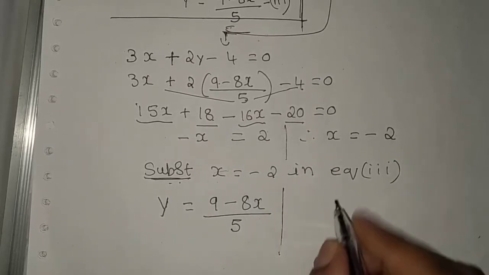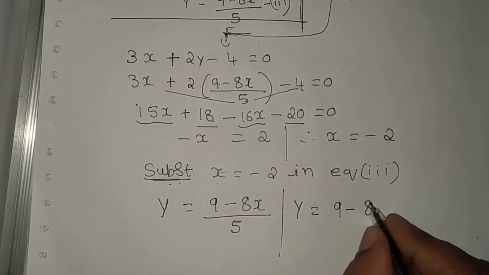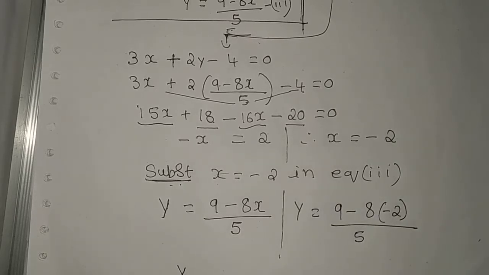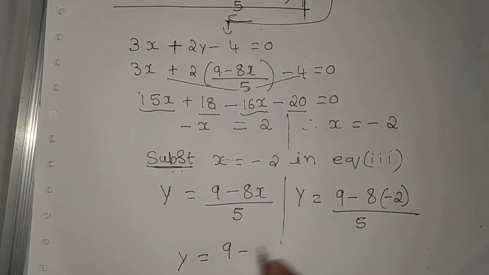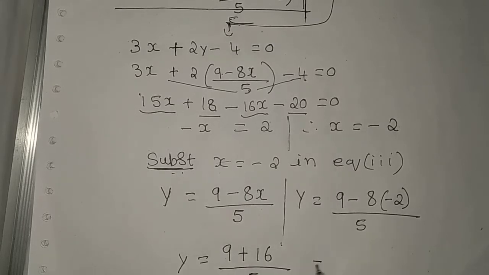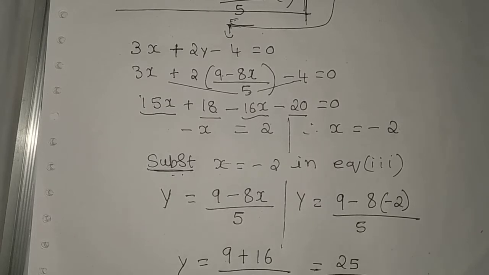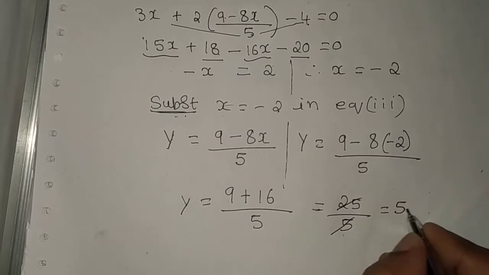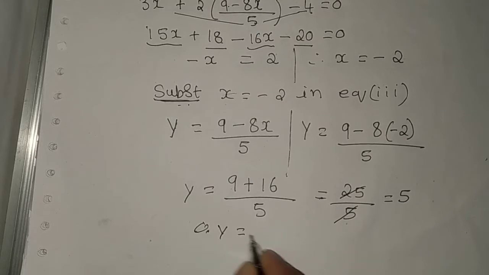Now we substitute: y is equal to (9 minus 8 into minus 2) by 5. Therefore y is equal to (9 minus 8 into minus 2) by 5: 8 twos are 16, plus comes this side, therefore (9 plus 16) by 5. 9 plus 16 will be 25, and 25 by 5 will become 5, since 5 fives are 25. Therefore we get y is equal to 5.